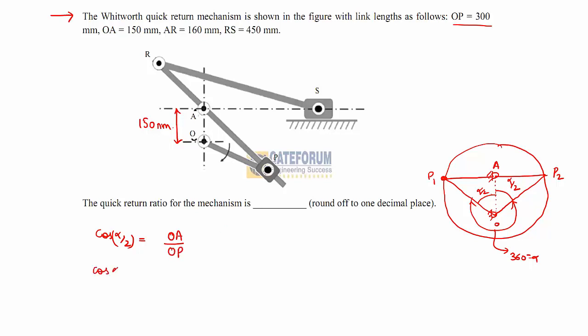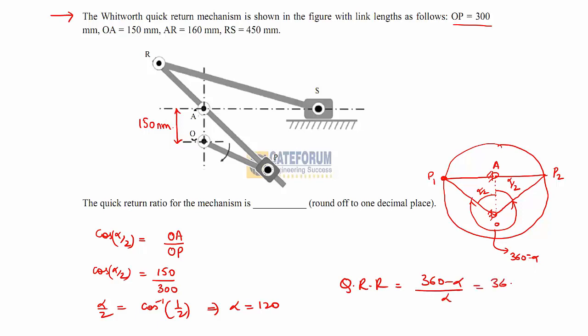So cos alpha by 2 is equal to 150 divided by 300. So alpha by 2 is equal to cos inverse of 1 by 2, that is 60, so alpha equal to 120. So quick return ratio QRR is equal to 360 minus alpha by alpha, that is 360 minus 120 divided by 120, which is equal to 2.